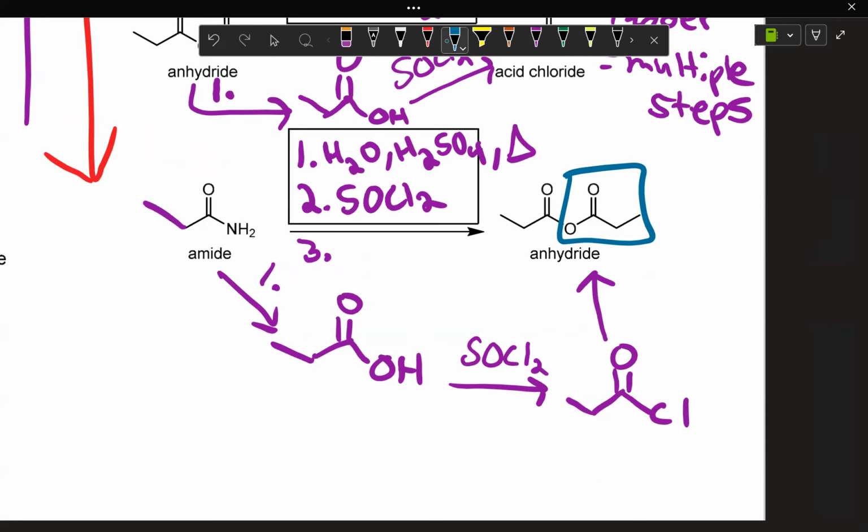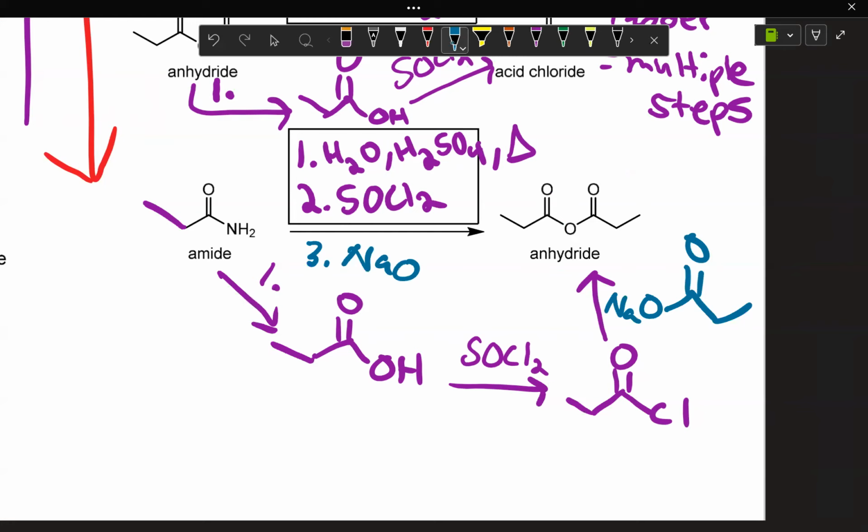So to remove the chlorine and add this carbonyl part, we're going to need that carbonyl part in the reagents, and it's just going to be a carboxylate. So I'm going to rewrite that as Na plus the carboxylate. So that would take us directly to there. That is how you go from an acid chloride to that anhydride specifically.